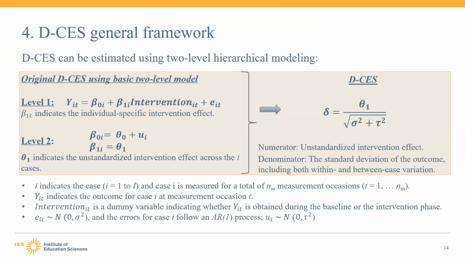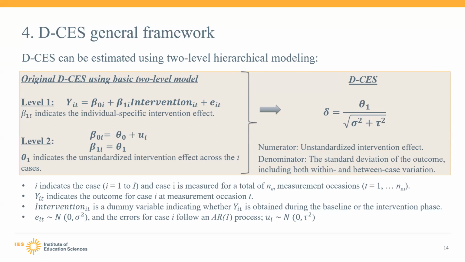Y_IT indicates the outcome for measurement occasion T for case I. And intervention_IT is an indicator variable equal to 1 if case I was in the intervention condition during occasion T, and equal to 0 if case I was in the control condition during occasion T. The individual level model for the outcome measurements of case I is then displayed in the following level 1 equation. So Y_IT equals beta 0I plus beta 1I times the intervention indicator plus E_IT.